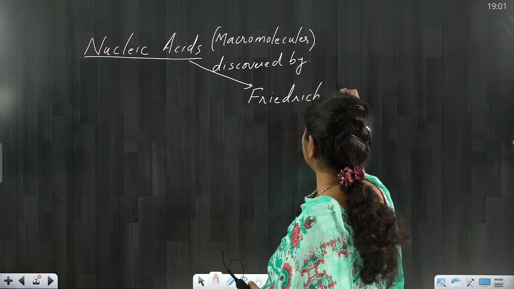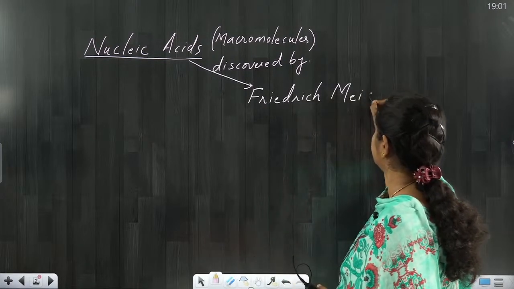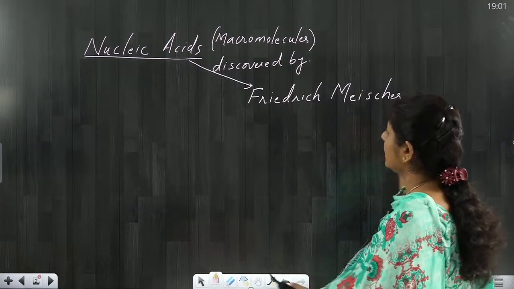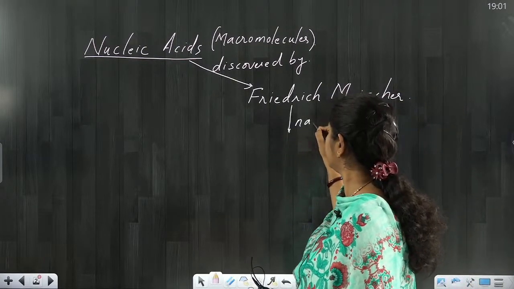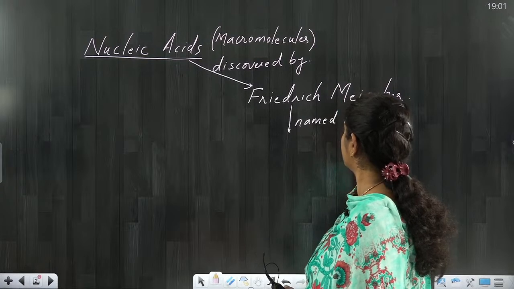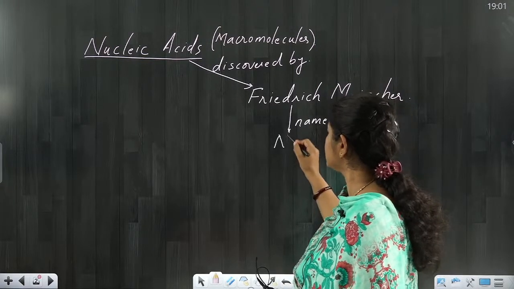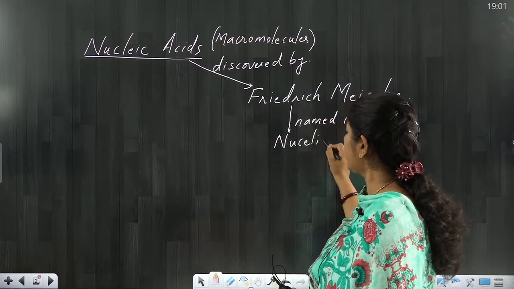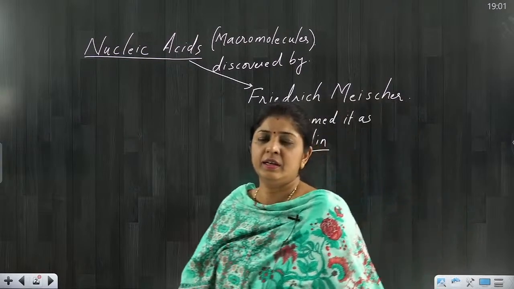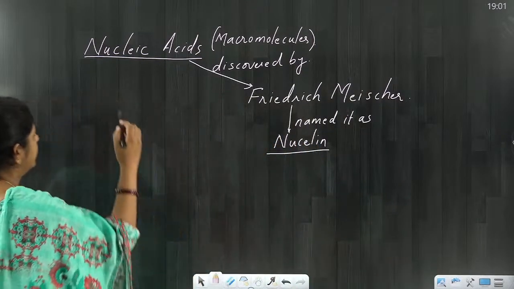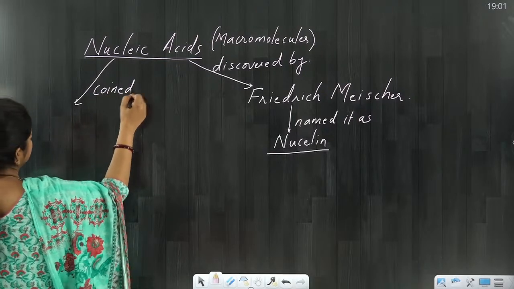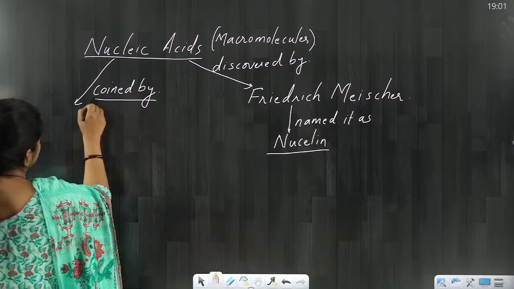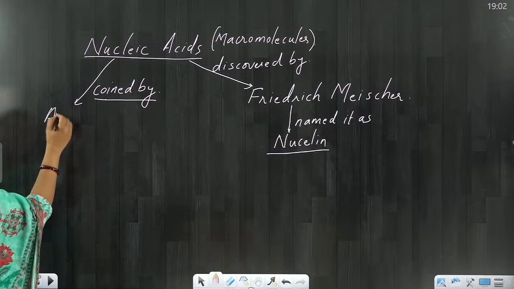Friedrich Miescher. But he named it nuclein, not nucleic acid. The term nucleic acid was coined by the scientist Altman.